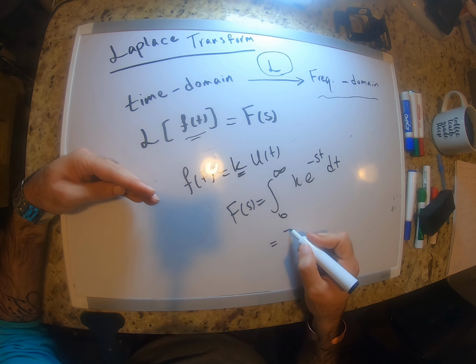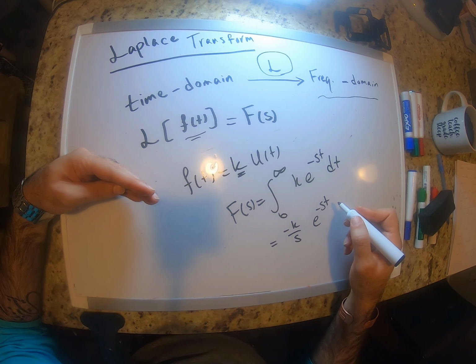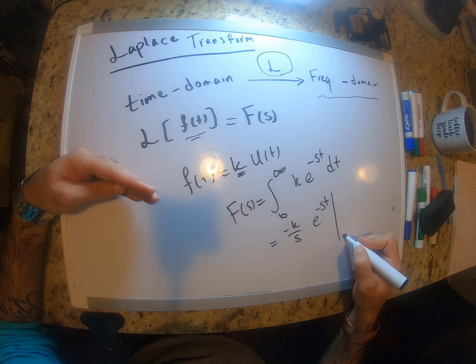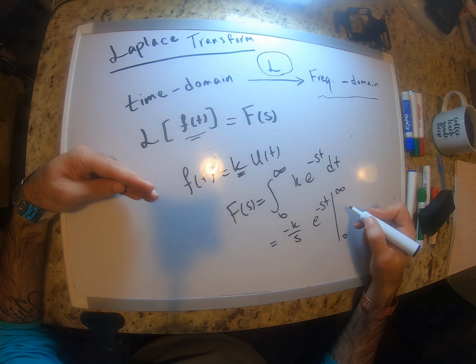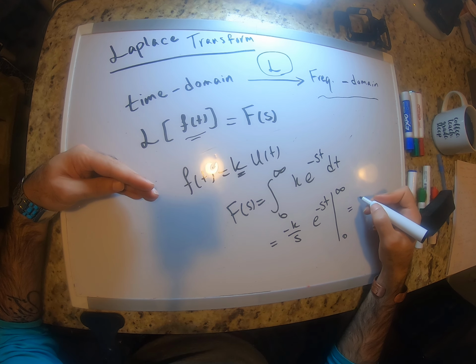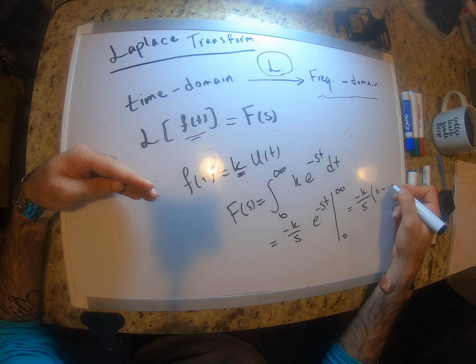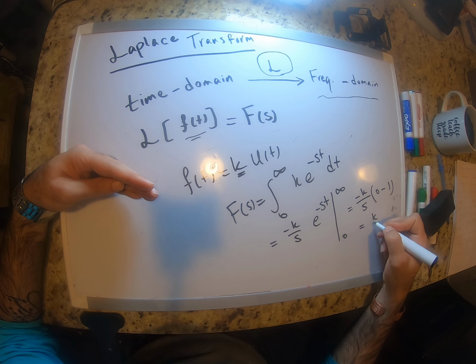Then this is going to be minus k over s e to the power negative st, where t is going to change from 0 to infinity, and for infinity this is 0, so it's going to be minus k over s times 0 minus 1, so it's going to be k over s.